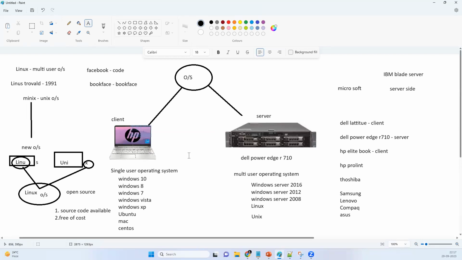So guys, tomorrow you will get more clarity and a better picture about the server. Guys, understood?